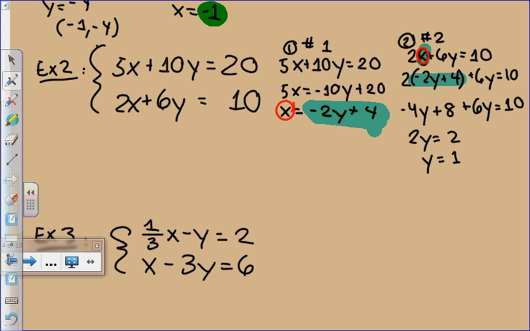We agree? Here we have y, what do we need? x, and x is right here.